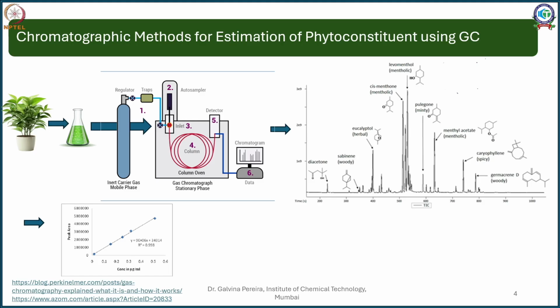So the changes in their boiling point and their affinity to the stationary phase can be used and modified by using different combinations of gases as well as stationary phases. You can change the mobile phase, you can change the stationary phase and cause a good separation. Now this separation can be better in some cases, especially for volatile compounds, as compared to HPLC. In such cases gas chromatography is used.